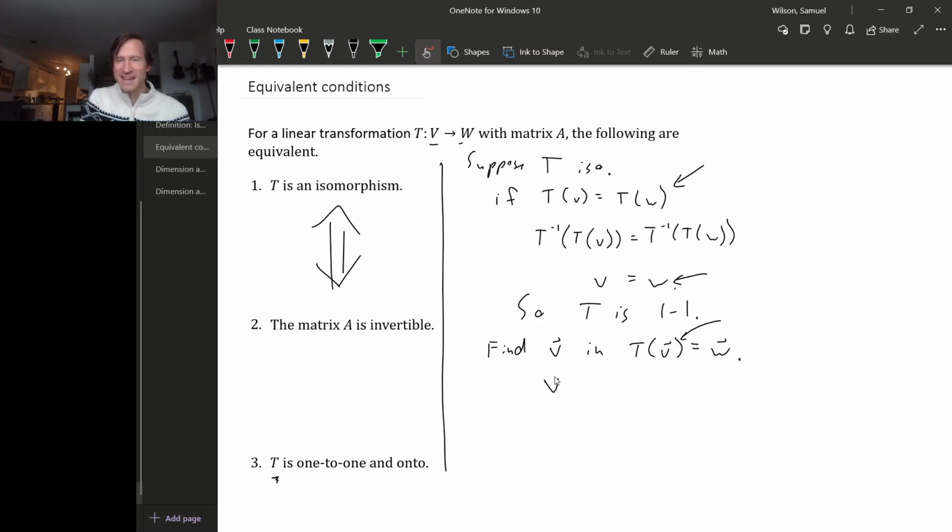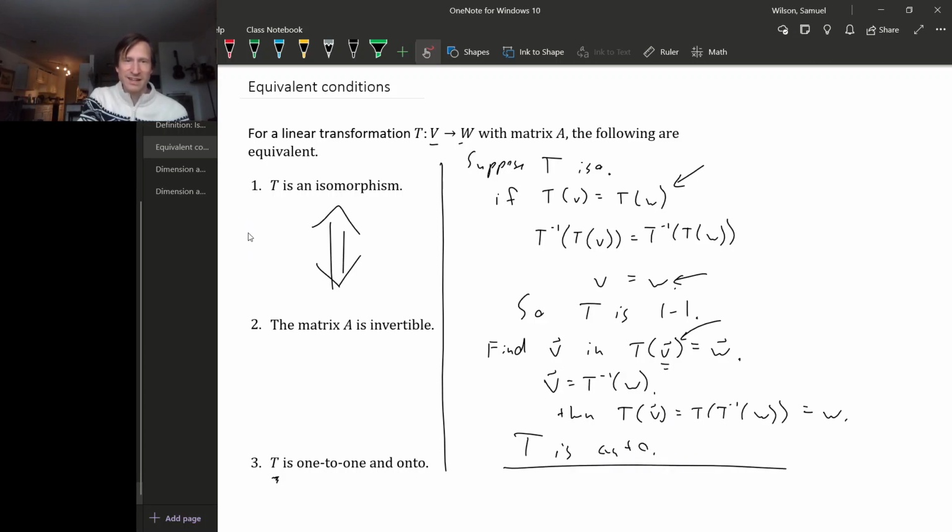Well, if we just guess that V is T inverse of W, then T of V is T of T inverse of W, and that's W. So we found this V here. So T is onto. Okay, so that shows that 1 implies 3 here.